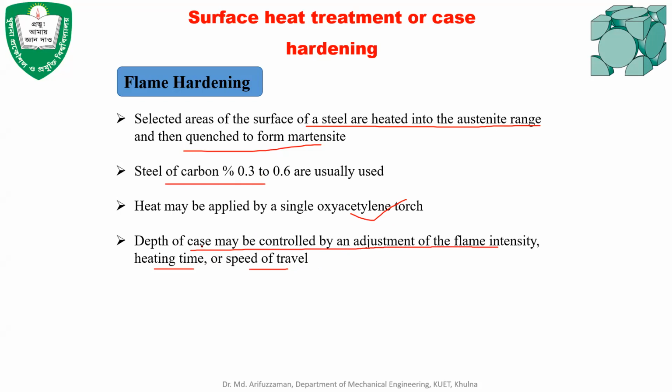If you keep heating a surface for a long time, then the case depth will be higher, and if you heat it for less time, then the case depth will be lower.